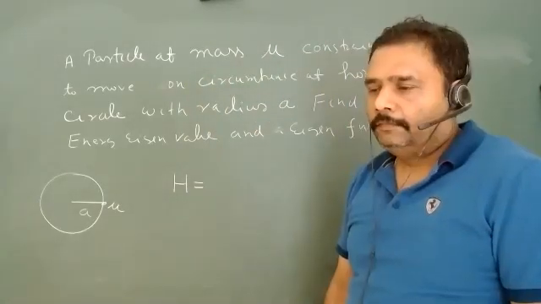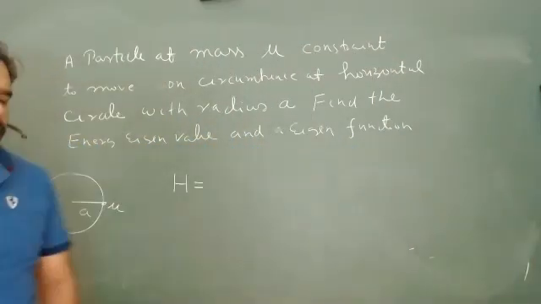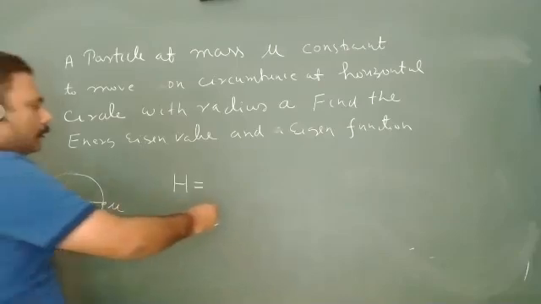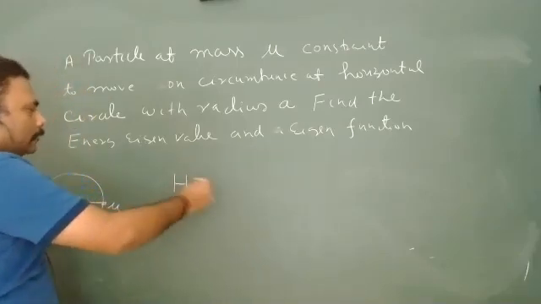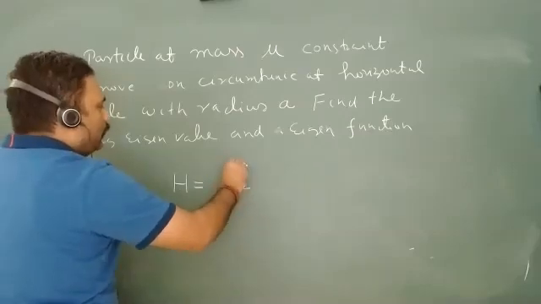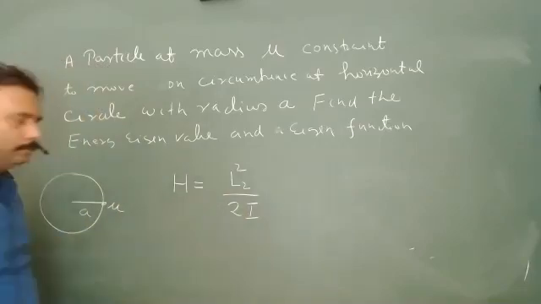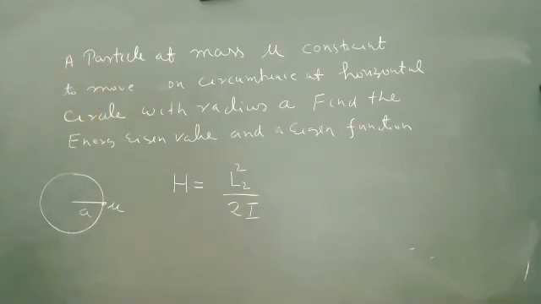L square upon 2m square. Half m e square theta dot square. Okay. The Hamiltonian, if I want to write in terms of angular momentum, then this will obviously be Lz square upon 2I, because Z is the direction of angular momentum.